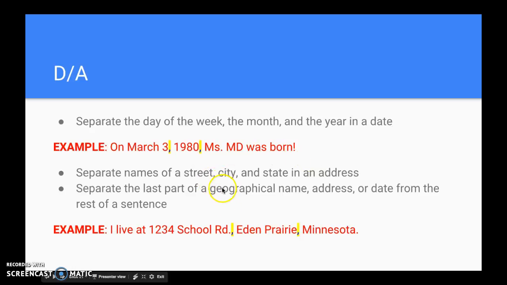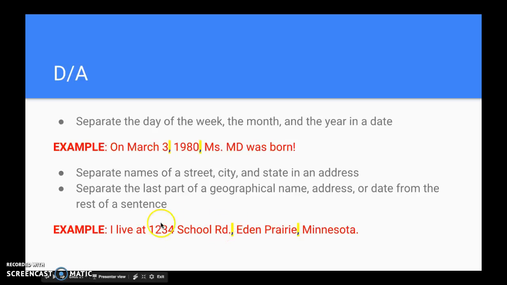Some other parts to the rule are we separate names of a street, a city, and a state when we are writing an address. Or we would separate the last part of a geographical name, address, or date from the rest of a sentence. Let's take a look at an example. I live at 1234 School Road in Eden Prairie, Minnesota.